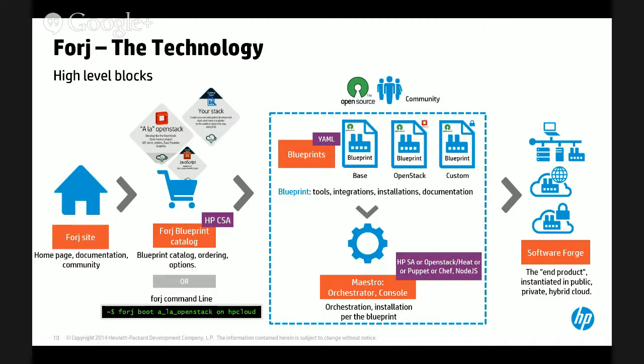This is also the system that takes care of installing the blueprint per the blueprint source code, but also runs the backups, runs the monitoring, and handles the authentication of the users of the Forge. Those central functions are handled by one node, which we call Maestro.